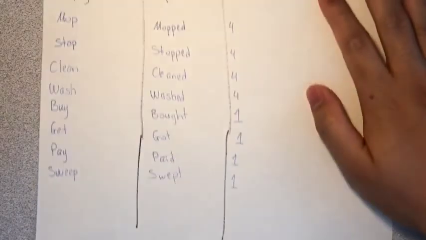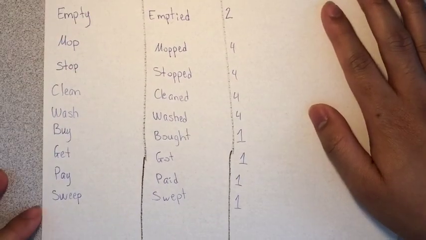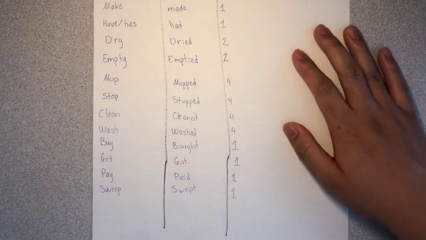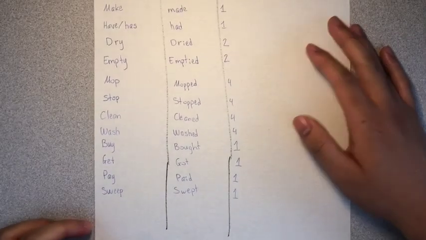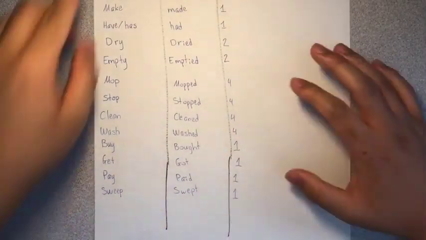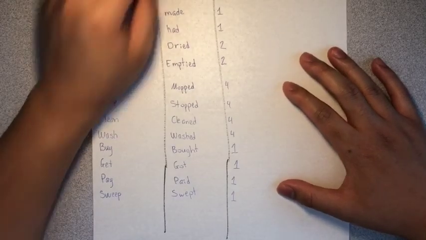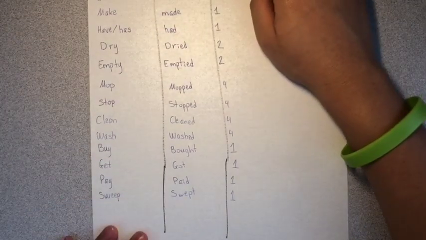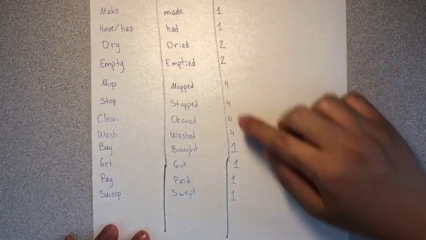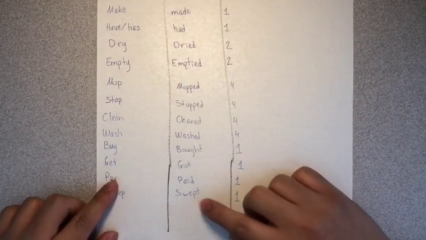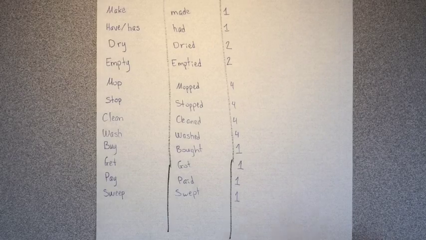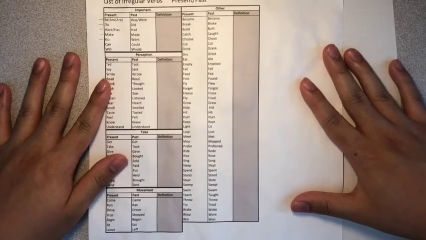So these are the words you need to know for Unit 9. All of them are right here. We have the present tense, we have the past tense, and we have the rule it follows. So we know how to change it from present to past. And if you have any more words you don't know, they're on this list.